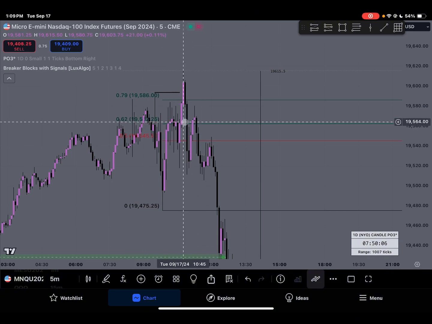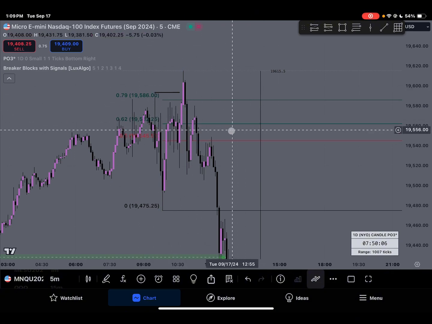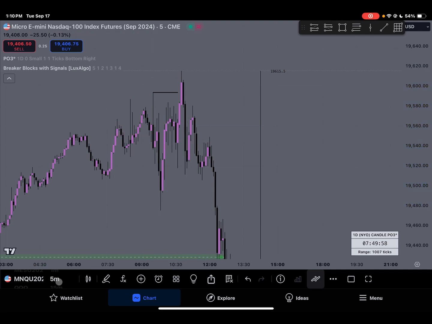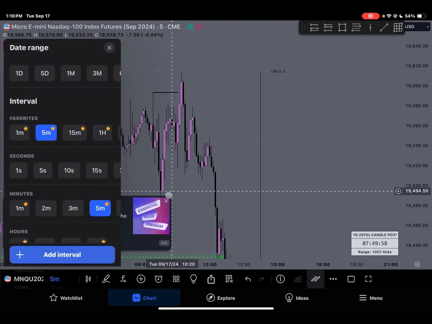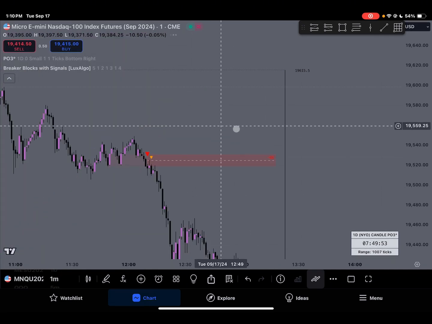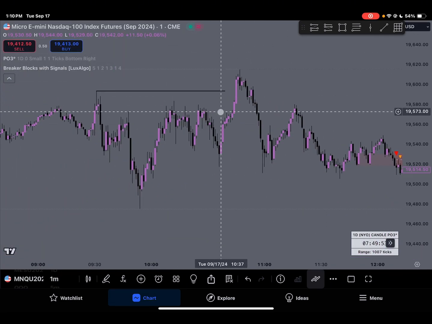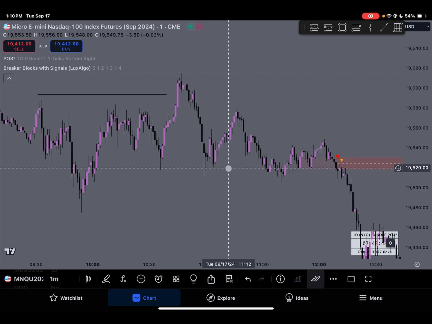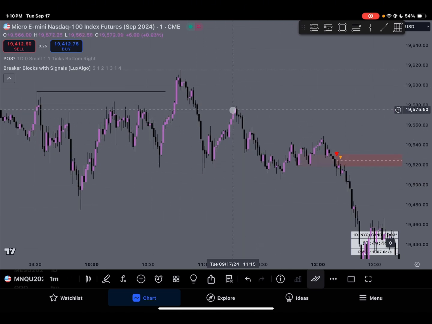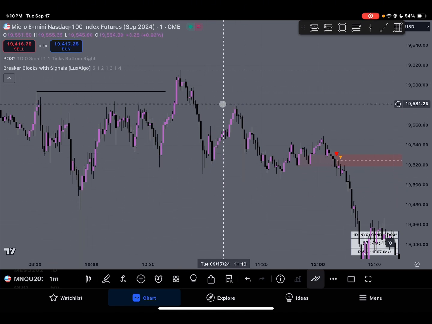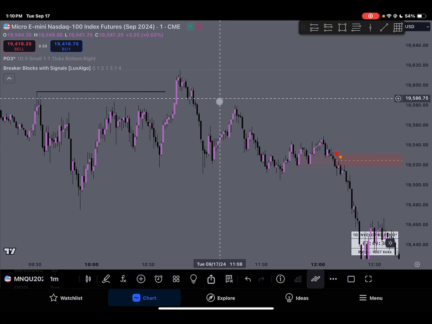It taps into the fair value at the plus 62 mark, which again, if you guys know these confluences and put them together, it will make your entry way stronger. I was looking at this, but I had already taken a trade. I took my win, and tomorrow is FOMC, so no need to overtrade.